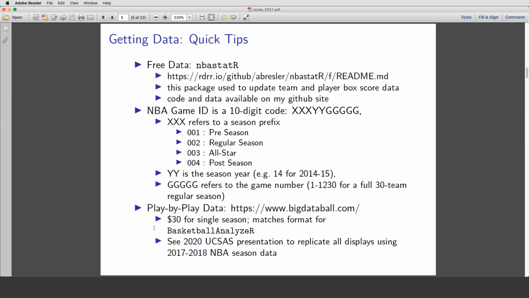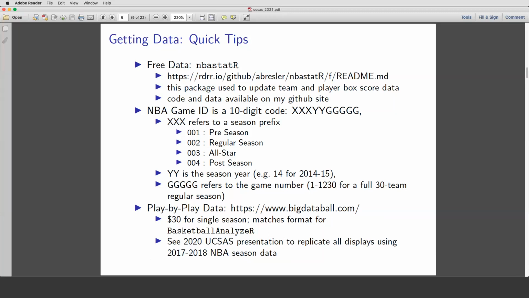So I mention this because I paid this money. I got the play-by-play data for the most recent season. The only downside for you as an attendee is I did not include this data on the GitHub website because it is behind a paywall. But if you want to replicate some of the play-by-play stuff, I would point you to my GitHub website and see last year's presentation where I used the 2017-2018 NBA season.